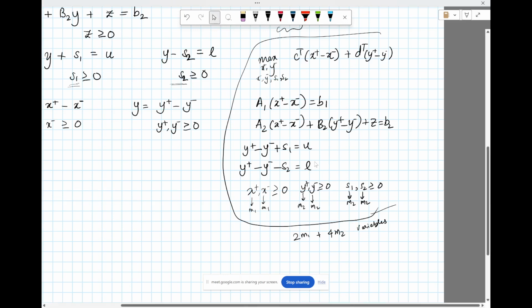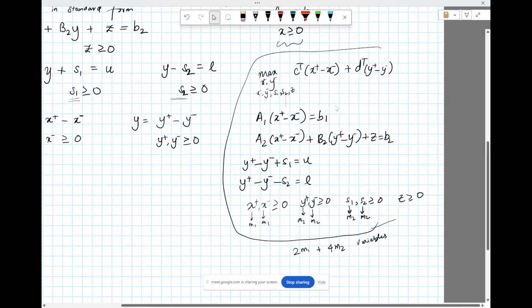and I converted into standard form. Oh, plus z also. z dimension can be something different. Let's say n dimensional. So this is n plus n.